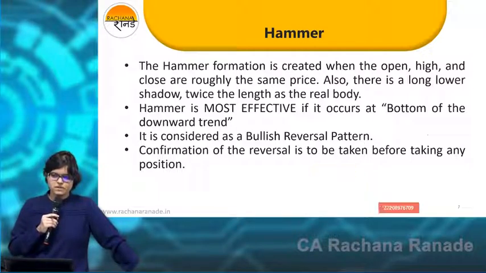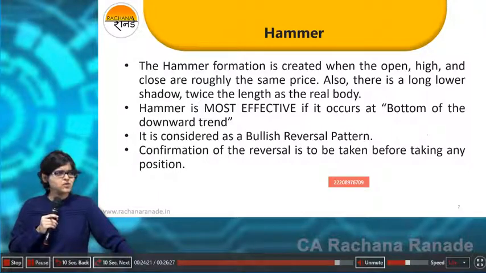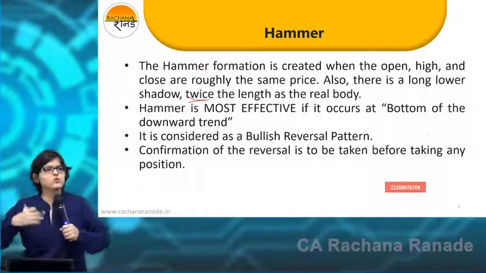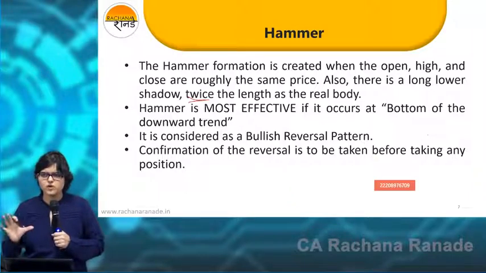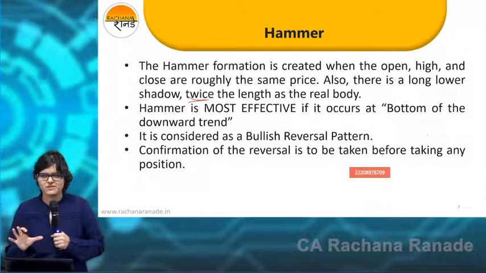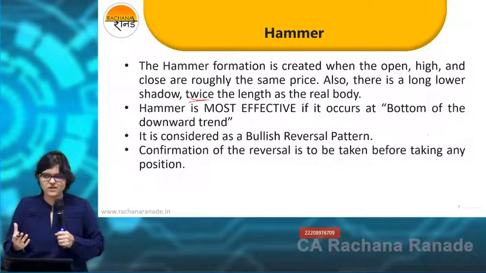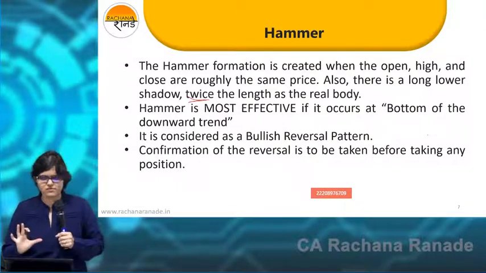Higher the better, yes or no? A longer shadow is always going to be fair enough. Twice need not be exactly twice, twice or more than that. We are not talking about inverted hammers right now. I'll not talk about inverted hammers because it might create confusion. It's a slightly different type of pattern. We'll go slowly.